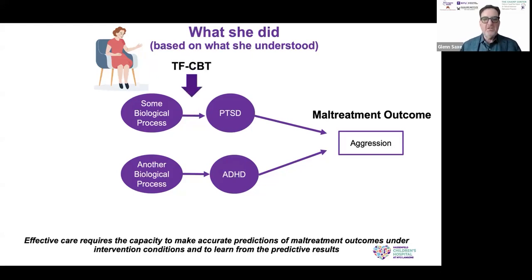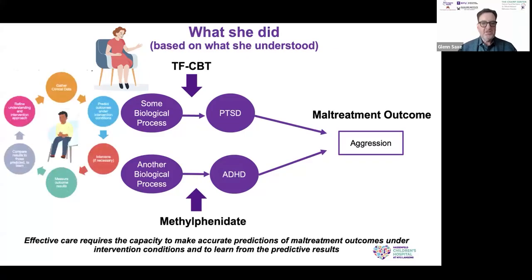So she'll use TF-CBT for PTSD. If she's a psychiatrist, she'll deliver methylphenidate, Ritalin, or Concerta, or she'll refer for this, and she'll expect things will get better. Our cycle here, right there. Deliver the intervention, predict that next time you see Eddie, things will be a little better.